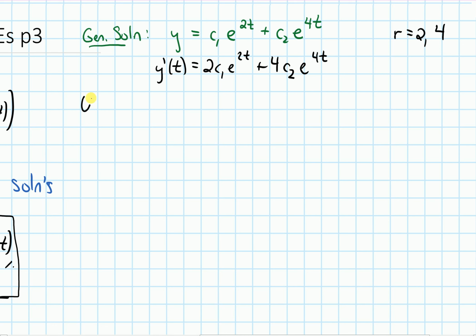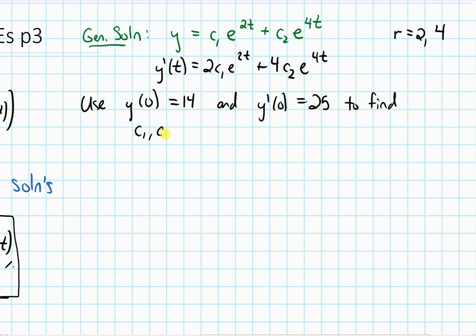Now we want to use our initial values, the fact that y of 0 equals 14 and y prime of 0 equals 25, to find the c1 and the c2.